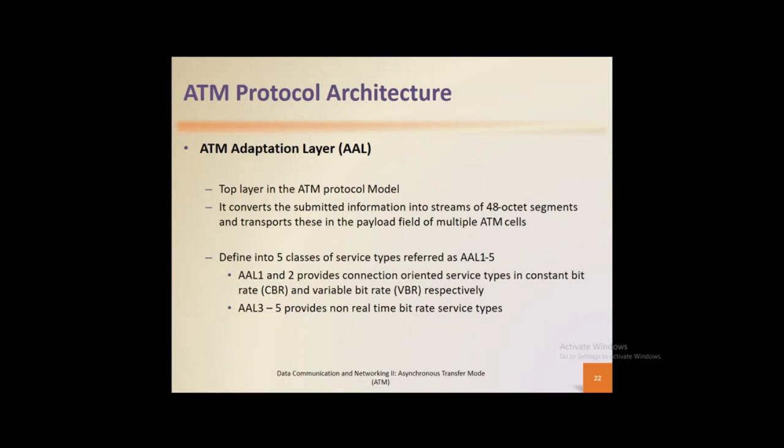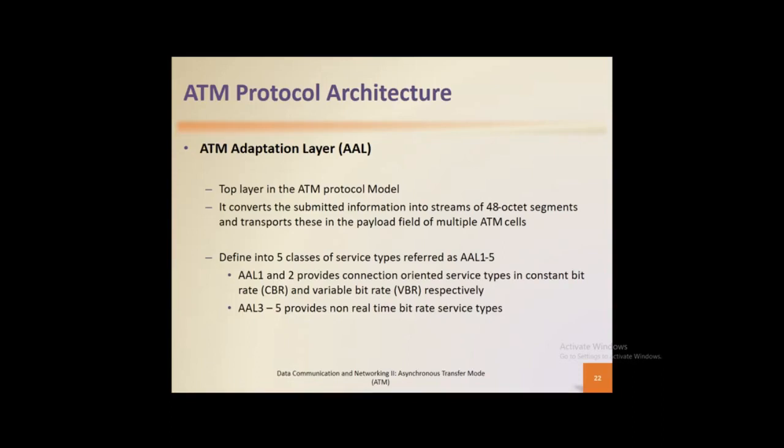So basically converting the submitted information into streams of 48 octet segments and transporting these in the payload fields of multiple ATM cells. It's also defined into five categories or five classes, which is more of a breakdown in terms of how the adaptation layer handles the conversion of submitted information.